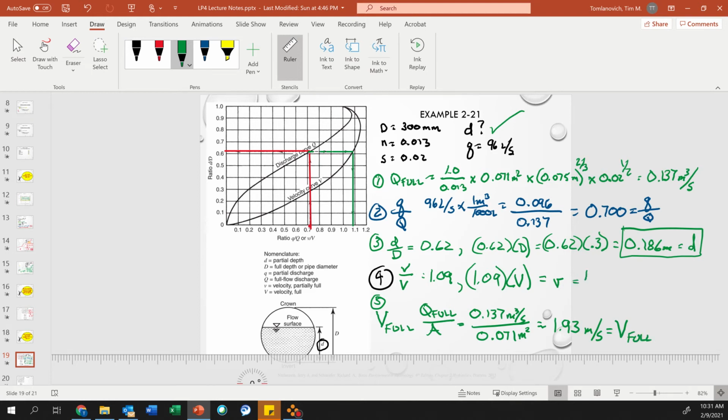So this equals 1.09 times 1.93 meters per second, and that equals 2.10 meters per second.